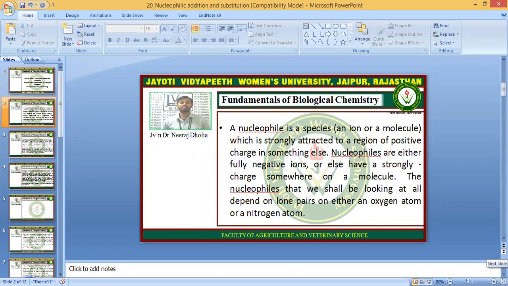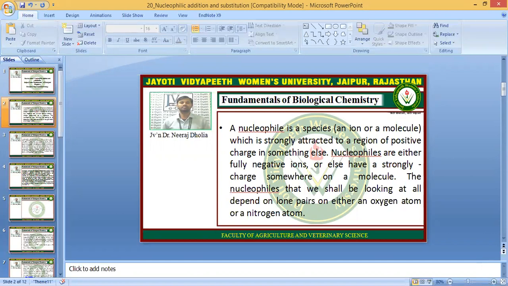It is a species, an ion or a molecule, which is strongly attracted to a region of positive charge in something else. So nucleophiles are either fully negative ions or else have a strong negative charge somewhere on a molecule.